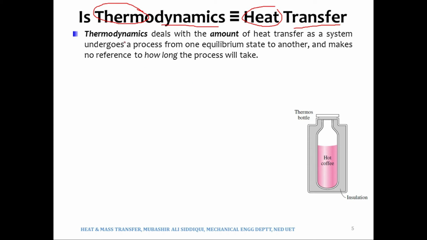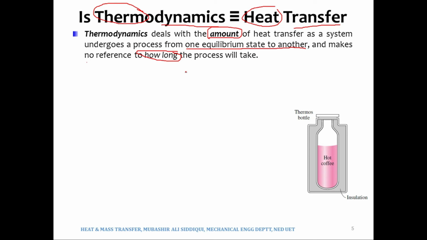Rather, thermodynamics deals with the amount of heat transfer as a system undergoes a process from one equilibrium state to another equilibrium state, and it makes no reference to how long the process will take.